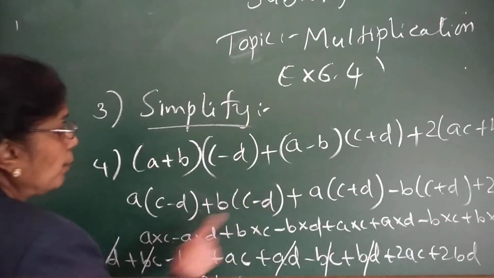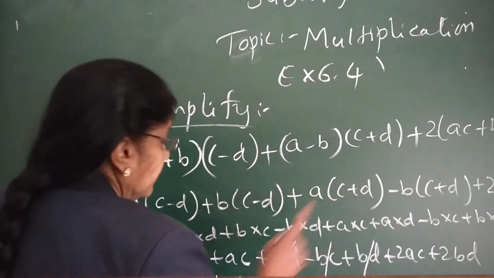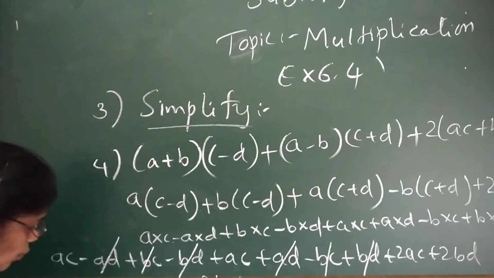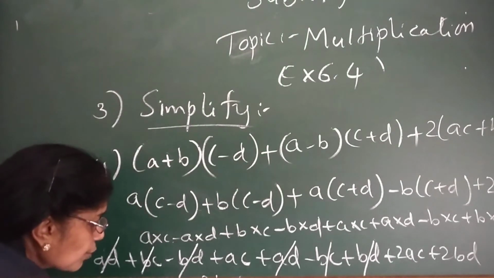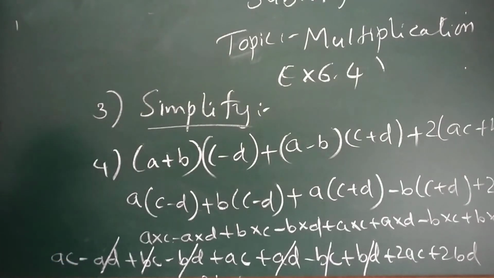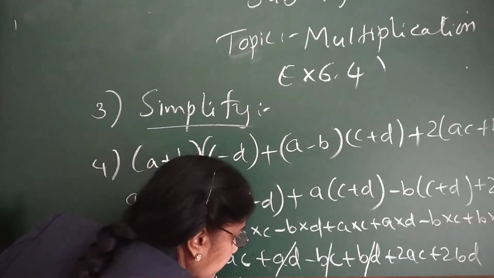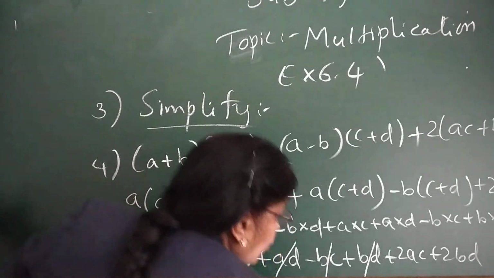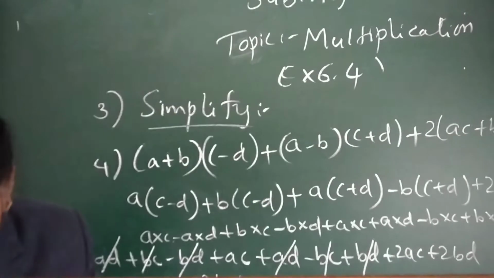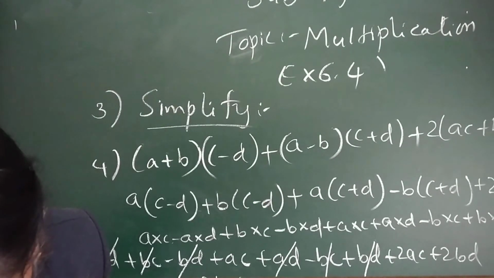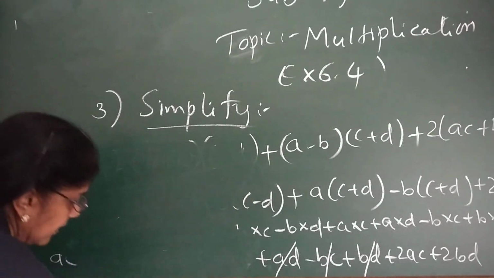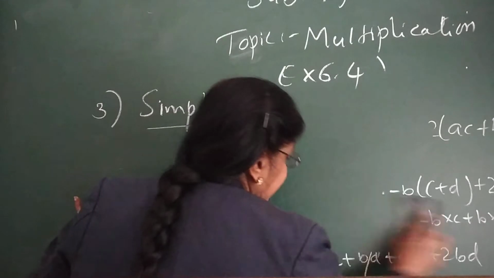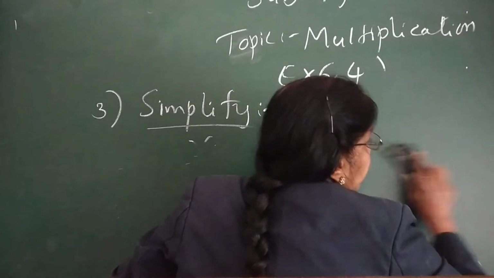Plus 2BD. So what will we get? AC plus AC plus 2AC plus 2BD. 2 plus 2 is 4, like terms. 4AC plus 2BD is your answer. So you came to know how to do it. This we call multiply and simplify.